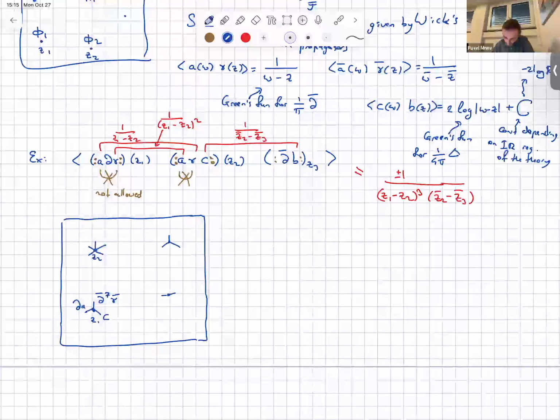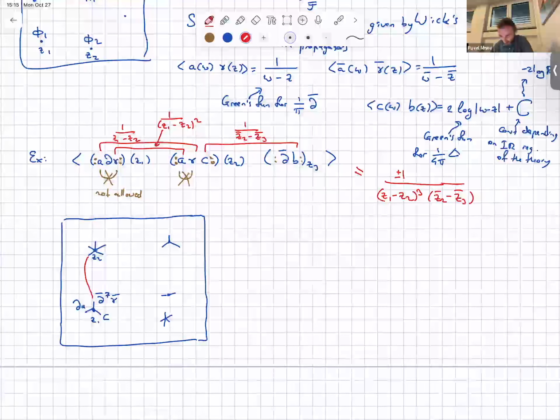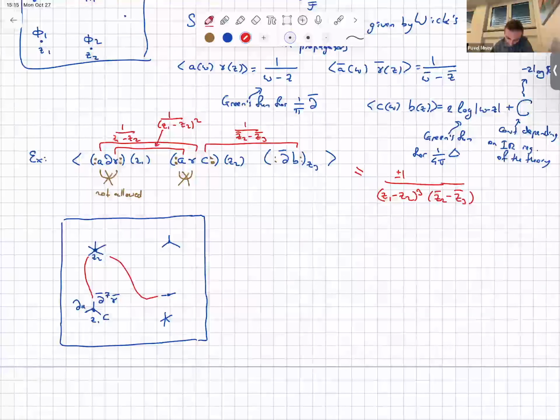So I have several points and several differential monomials. So then what is the computation of a correlator? It's a sum over the ways to just connect pairs of these prongs or leaves here by propagators, right? So you just connect all of them.